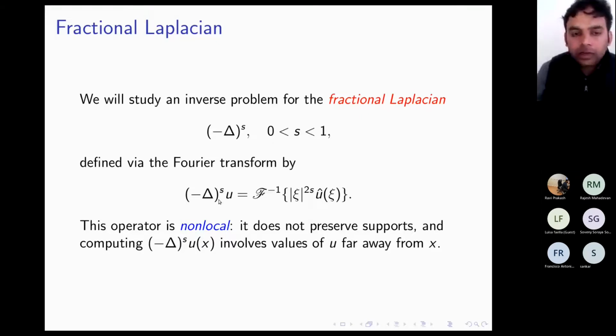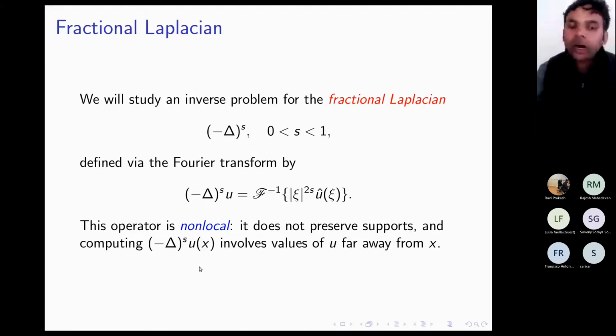If you have s equals 1, like Laplace u, then you know that if u is a C infinity function with compact support, then Laplace u has support in the same support as u. But if you do the same thing for (-Δ)^s u, where s is not an integer, then it is non-zero everywhere. In fact, we'll show later, and it's a very different thing, a unique continuation principle that we will prove for the fractional Laplacian: if u and (-Δ)^s u are both 0 in a certain open set, then u has to be 0 everywhere.